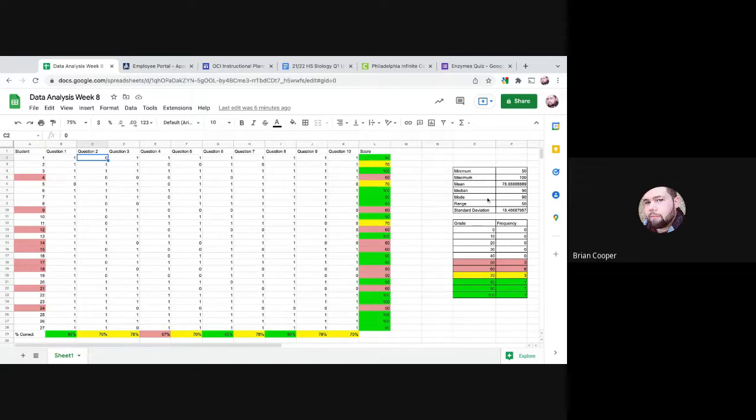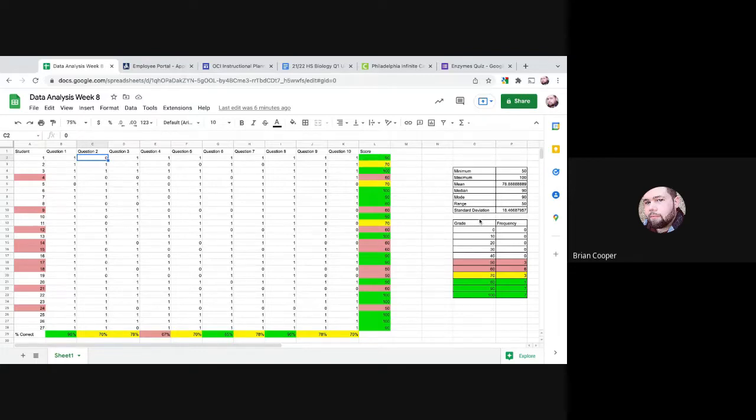The mode is also 90, which is great. It occurs the most. The range is a 50, and the standard deviation is 18.46. A surprising standard deviation, a lot larger than I expected, but I guess you can expect that when you have this type of range.